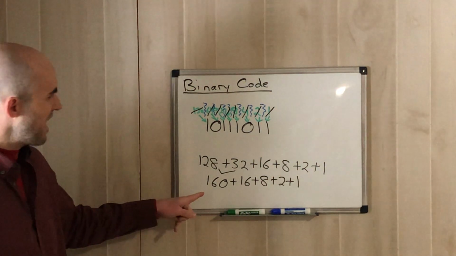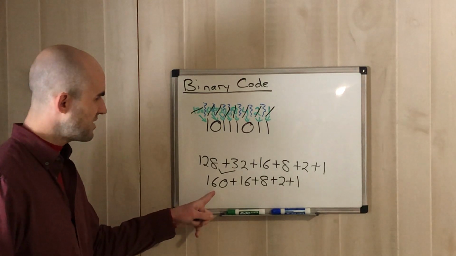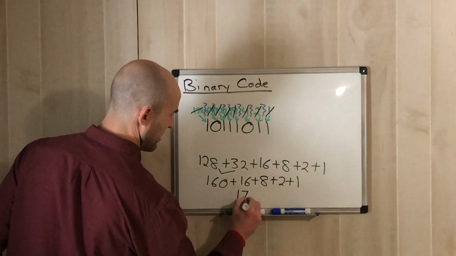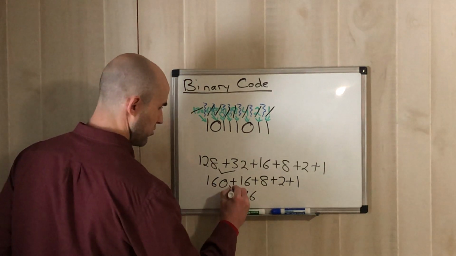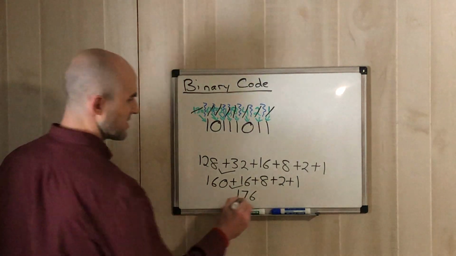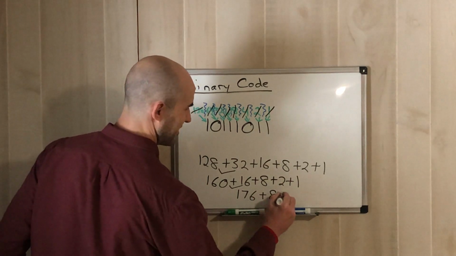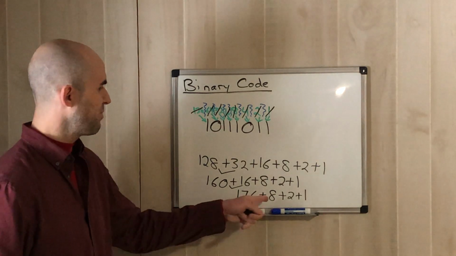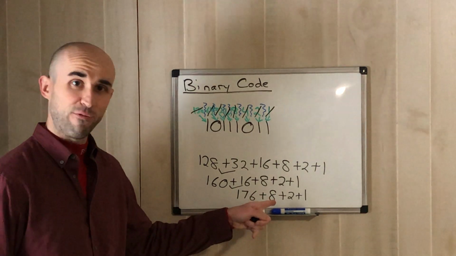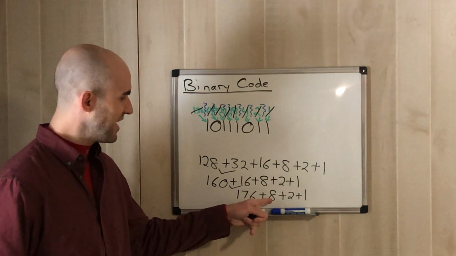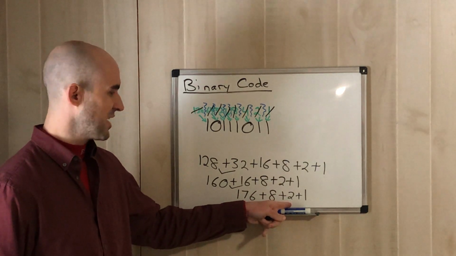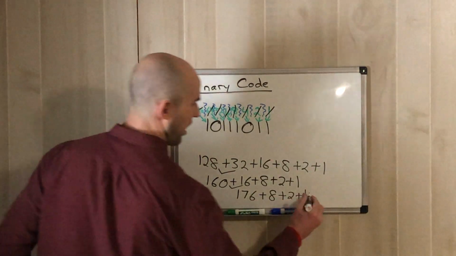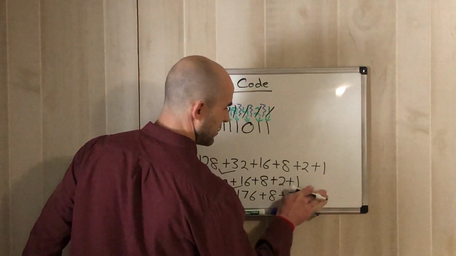Because now once we have that, we now know 160 plus 16 gives us 176, right? Those two gave us 176. We're going to do 176 plus 8 plus 2 plus 1. 176 plus 8 gives us 184. 184 plus 2 gives us 186. 186 plus 1 gives us 187, right?